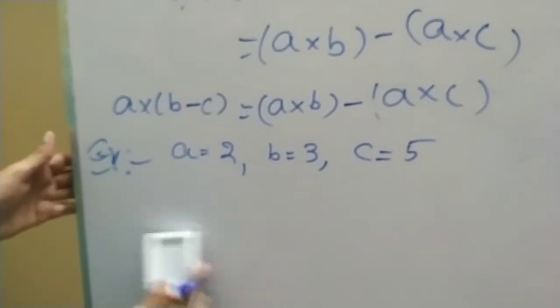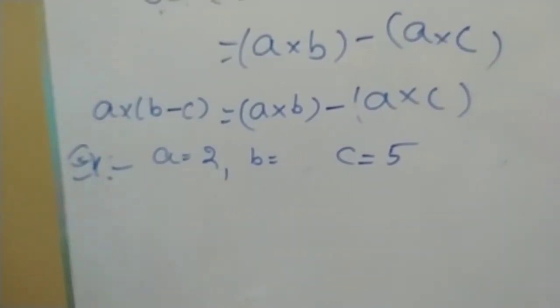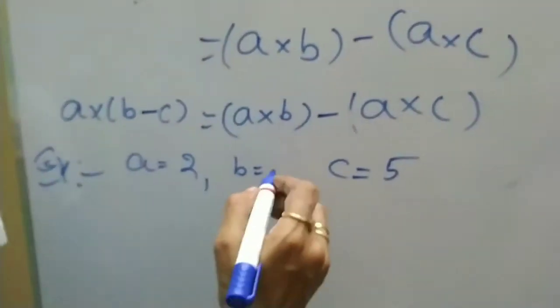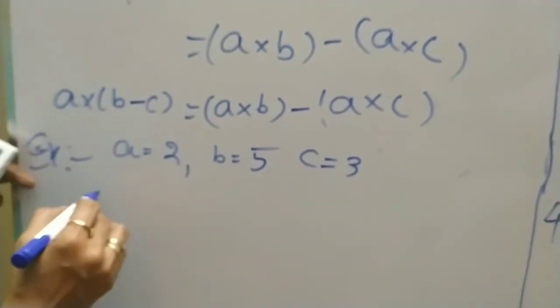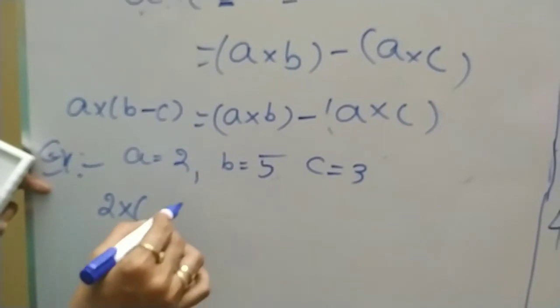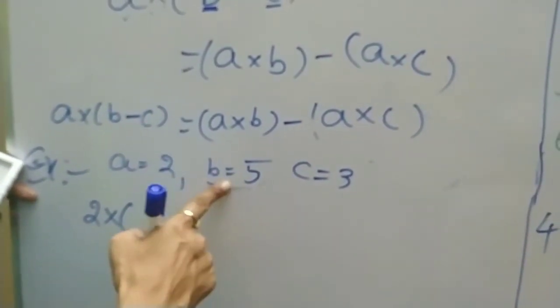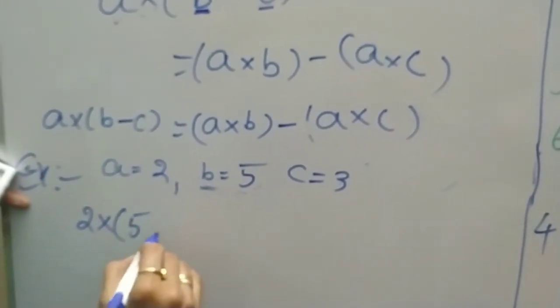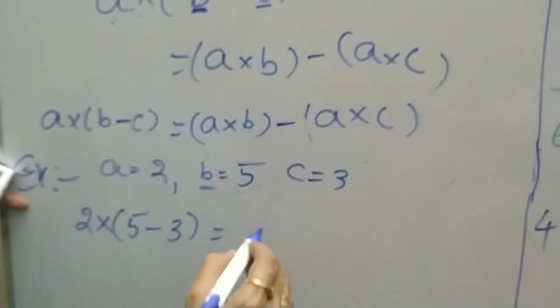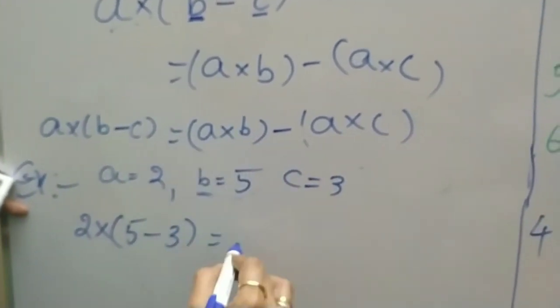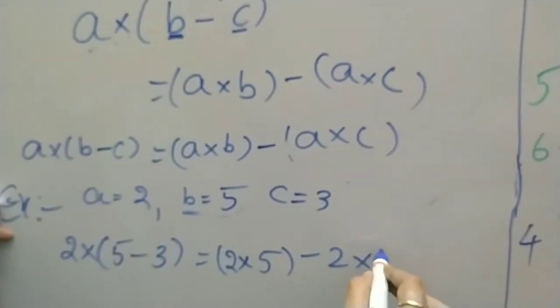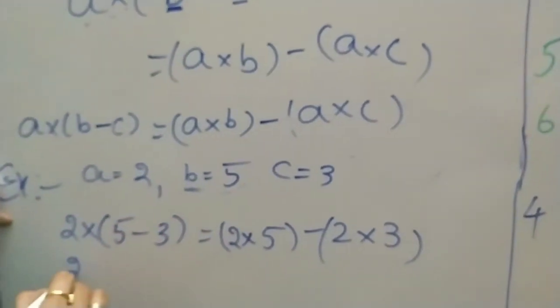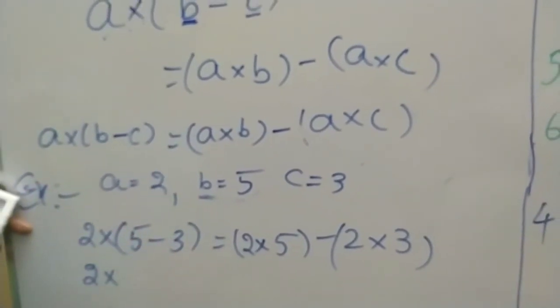See, I am taking these values, right? 2 into, in place of B, 5 minus 3. So what happens? A into B minus C, 2 into 5 minus 2 into 3. 2 into 5 minus 3.